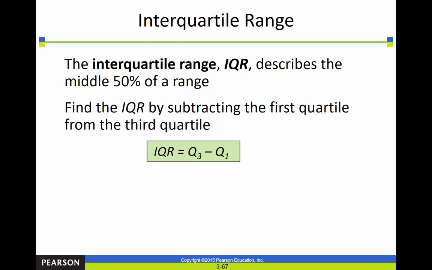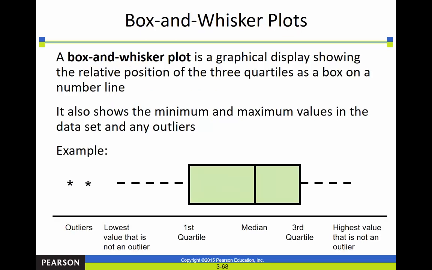The interquartile range describes the middle 50% of the data, or in other words, quartile 3 minus quartile 1. Sometimes they use something called a box-and-whisker plot. I don't know if you guys can tell, I'm starting to run out of steam. This is a lot of information, so I'm going to stand up so I have a little more energy. A box-and-whisker plot is a graphical display showing the 3 quartiles.